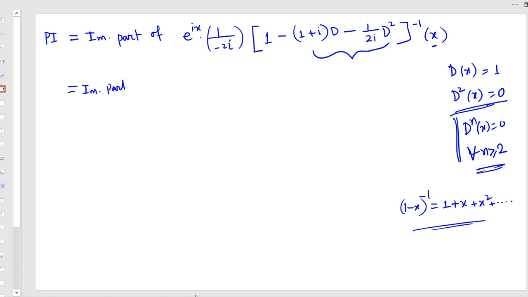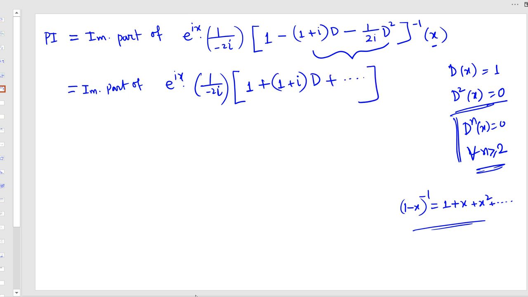imaginary part of e to the power ix 1 by minus 2I. This is there, and then we will have 1 plus 1 plus I into t, and dot dot dot. We will not write anything more, because if you write this square, then everything becomes 0.